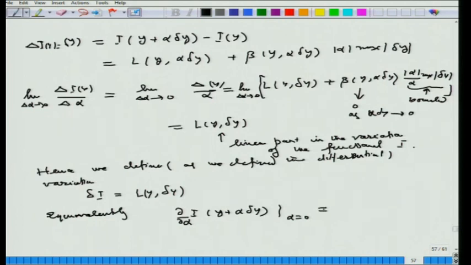This is what we have seen as the variation, and this is what will be called delta I at y. This equivalent definition is very convenient to use, and we will be using it subsequently in our lectures.